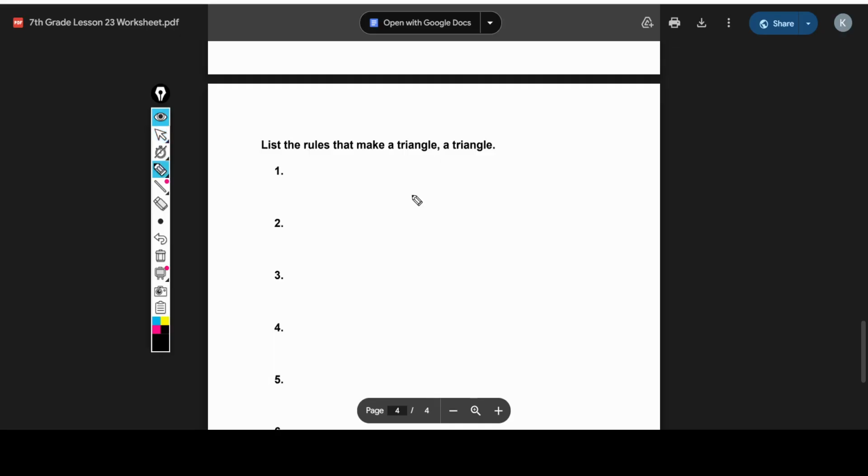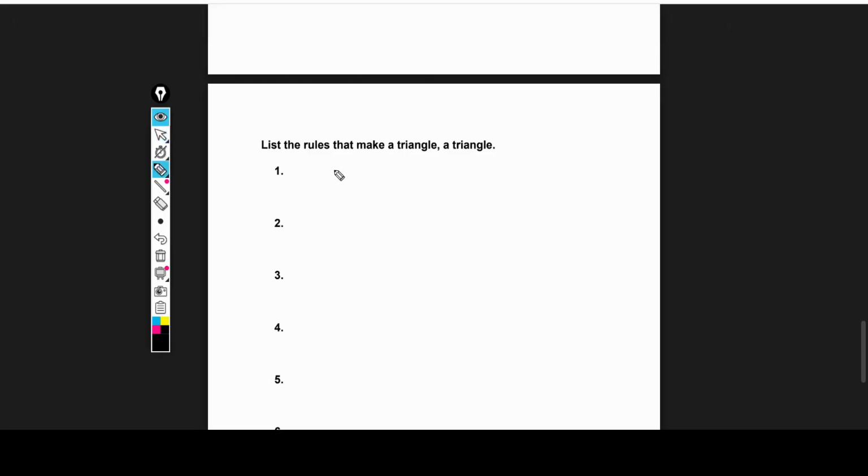Alright, list the rules that make a triangle a triangle. So for the first rule, that would be that the angles have to add up to 180 degrees. So we'll just say alpha plus beta plus gamma equals 180 degrees.